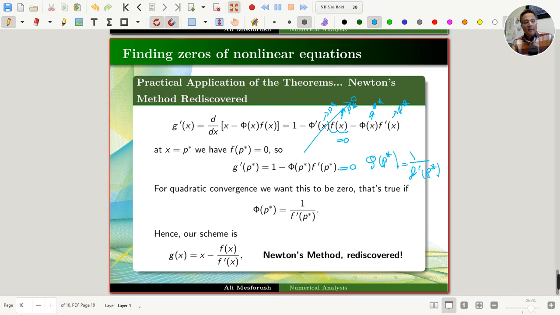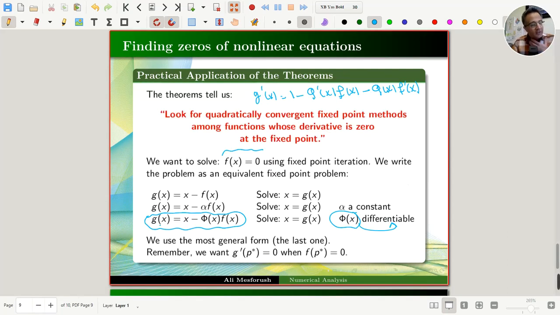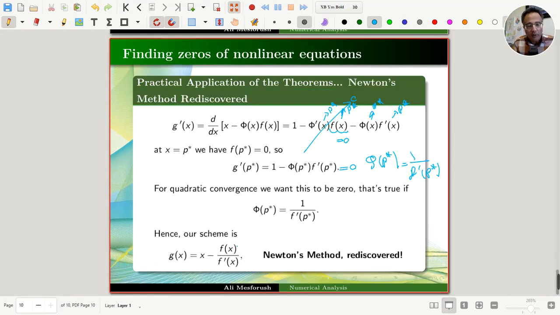Now, if we define g of x, look at the previous slide, g of x equal to x minus phi of x times f of x. So if we put 1 over f prime of x instead of phi of x, we will get g of x equal to x minus f of x over f prime of x.